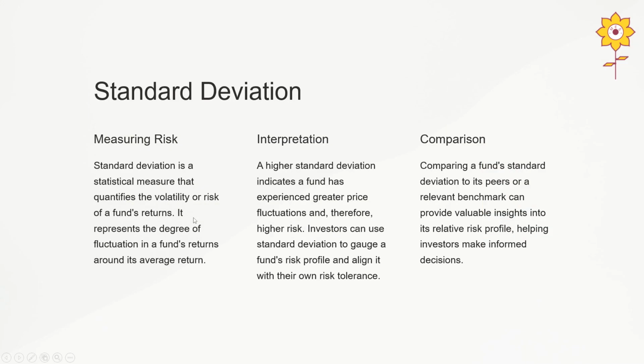You have standard deviation again. It's a statistical metric which involves measuring risk as well as return. It quantifies the volatility of the fund's returns, and gives you very detailed insight into whether there is high risk as compared to high returns. Investors can assess the risk profile as well as the returns profile.